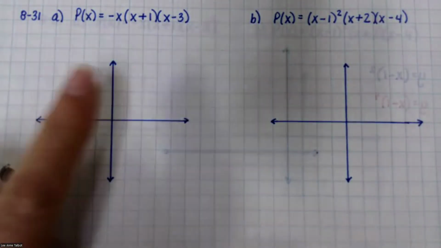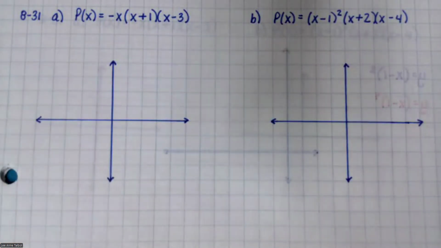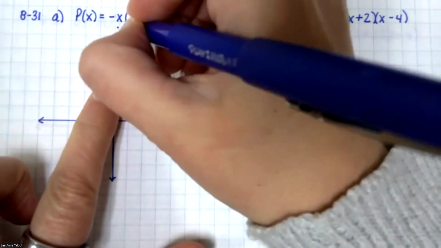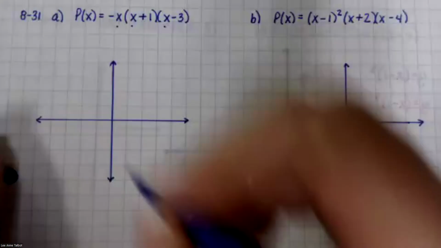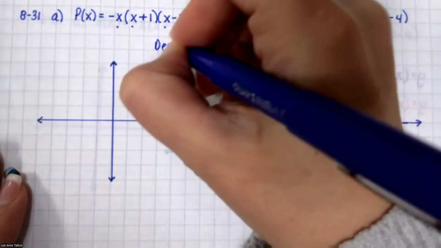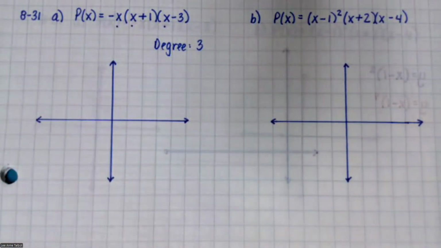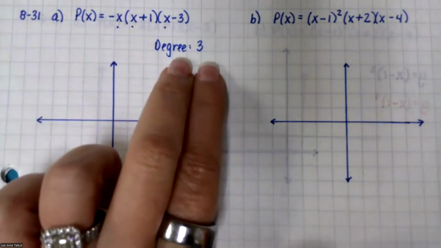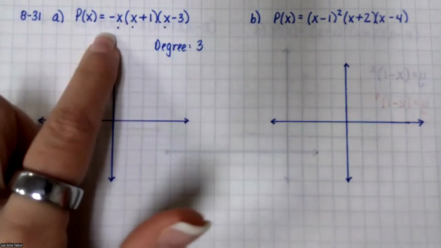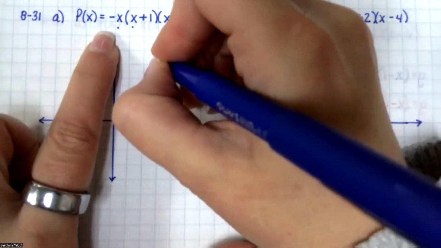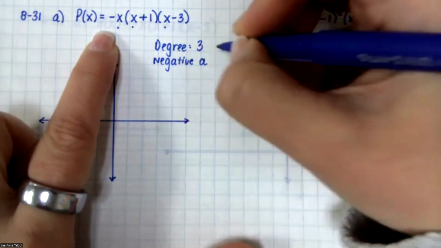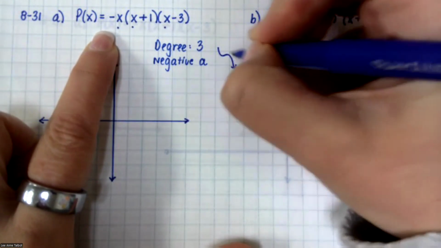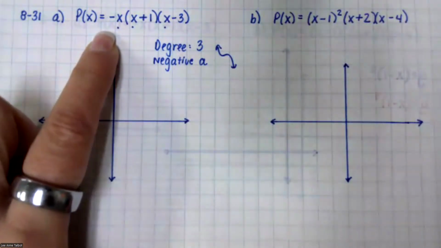First thing I notice is that this is in factored form and there are 3 x's, which makes this degree 3. Degree 3 is an odd degree, and I have a negative A. So that means my graph is going to start up high and end low.